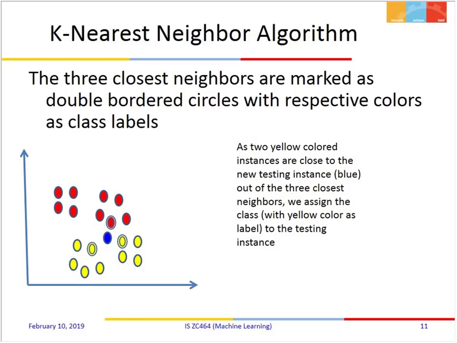K does not mean the number of iterations. Iteration is only one. Here we are not going to optimize anything. What you are trying to see here is the distances. So what will be the first thing that you will do in order to find the class label for the test data?